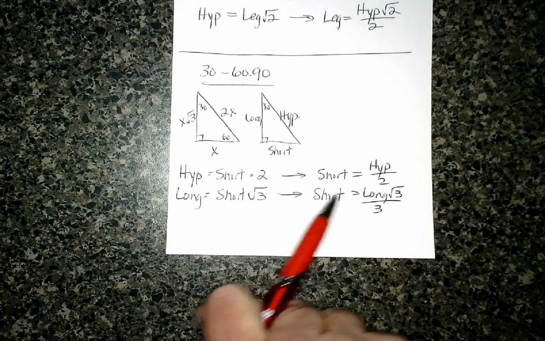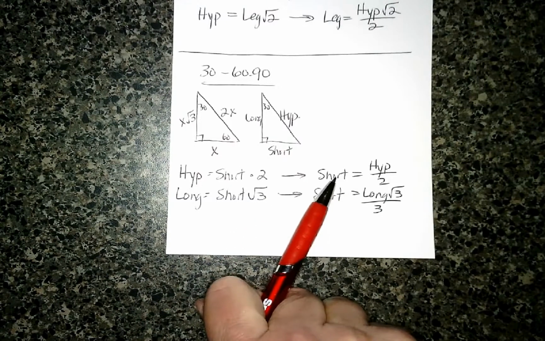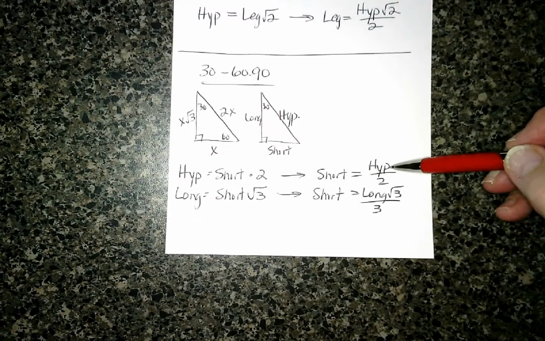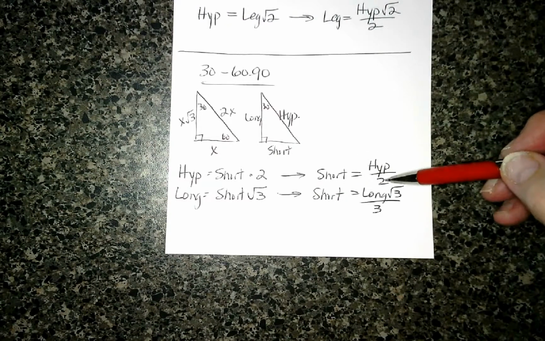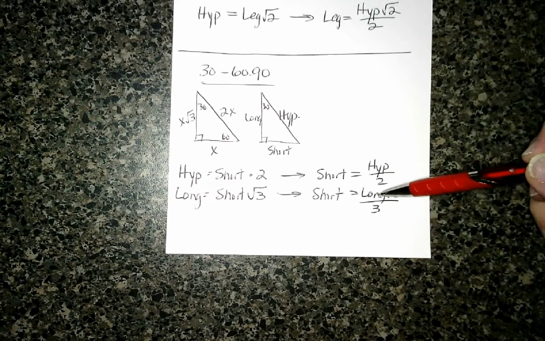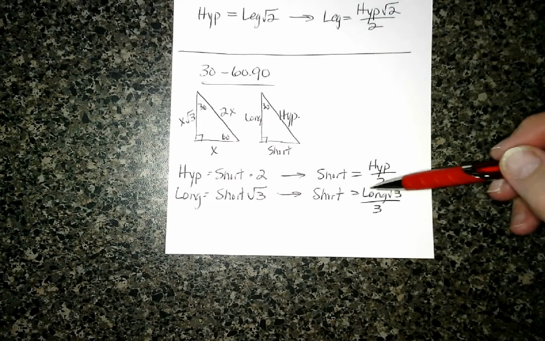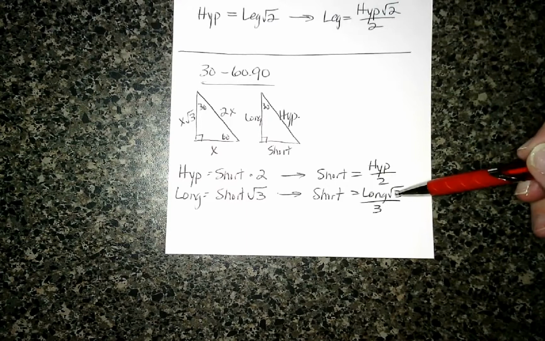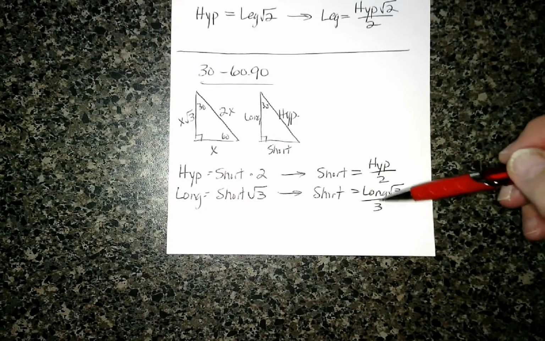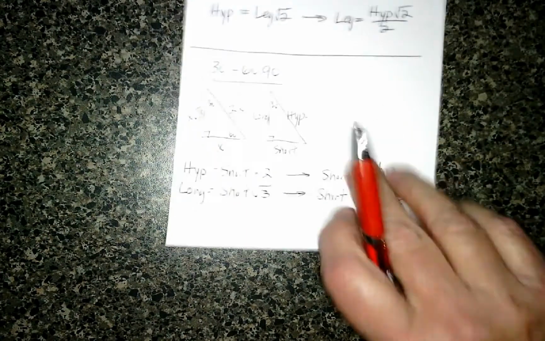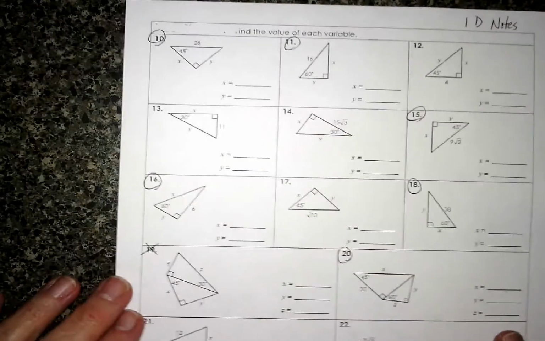Those can be manipulated. If I know the hypotenuse and want to find the short, all I have to do is divide it by 2. If I know the long leg and want to find the short, I take the long leg, whatever number they give me, times the square root of 3 over 3, and that will tell me what the short leg is.